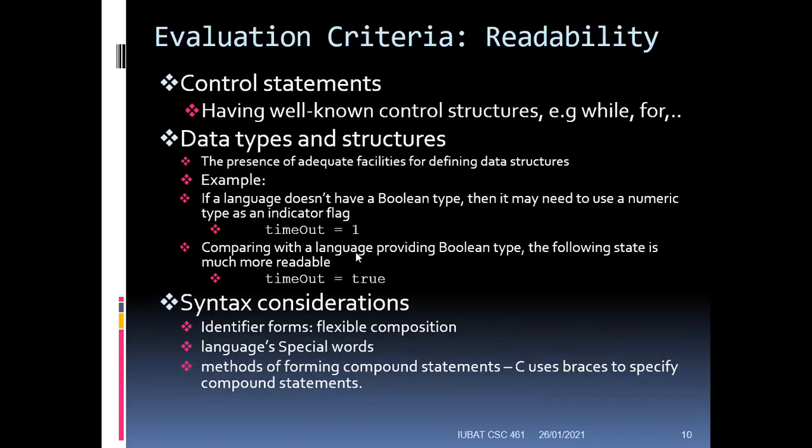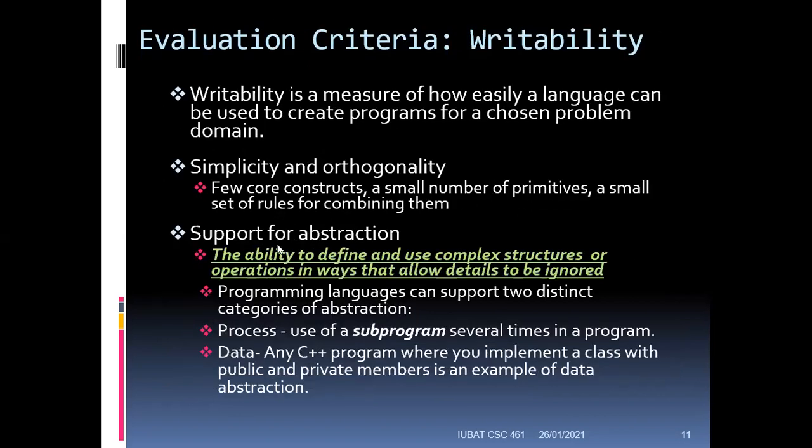And the second one is support for abstraction. Now, sometimes we use complex structures to make our task easier. Whenever you go to GitHub and see the projects done by professional developers, you will see the code is very much refactored.